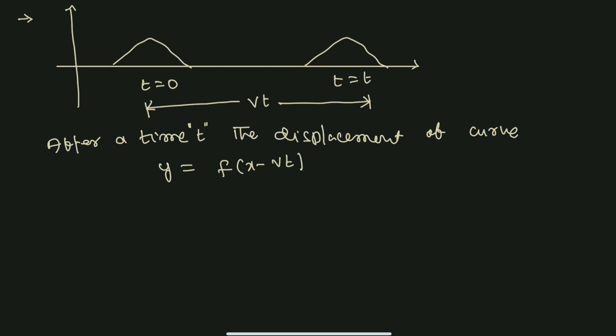The total distance is x, and the remaining is vt, so y equals f of (x minus vt) when the wave is propagating in the forward direction.